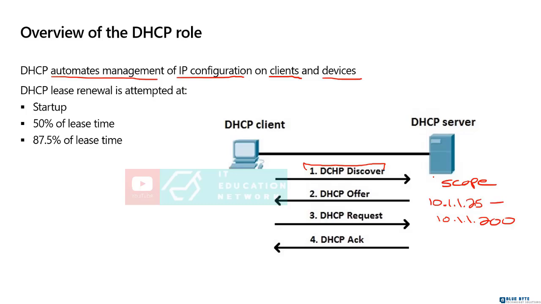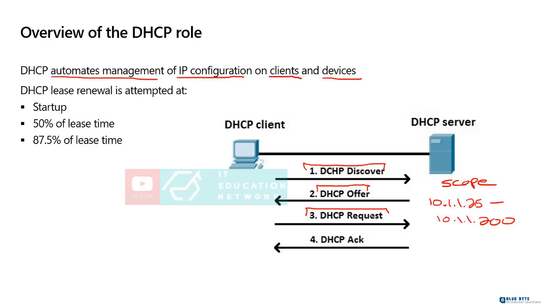When DHCP hears the discover, it sends you this DHCP offer. Now, the offer actually contains an IP address. So let's say you're the first computer on the network. The offer is going to say, hey, client, here is IP address 10.1.1.25. Would you like to use this address? The client is going to send back a DHCP request.